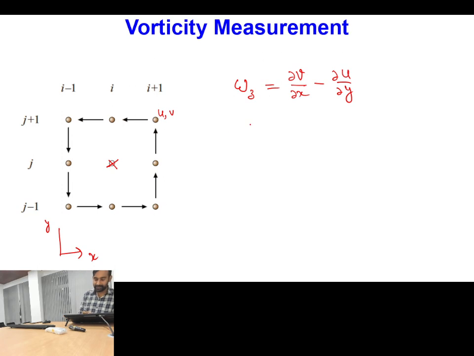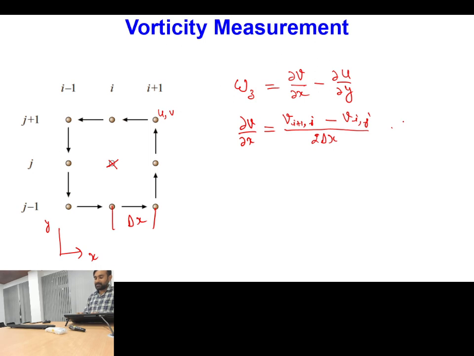As per the finite difference approach, del v by del x will become, in terms of x I have to move, so j will be fixed, v at point i plus 1 comma j minus v at i minus 1 comma j, divided by, say this gap is delta x, so it will be 2 delta x.